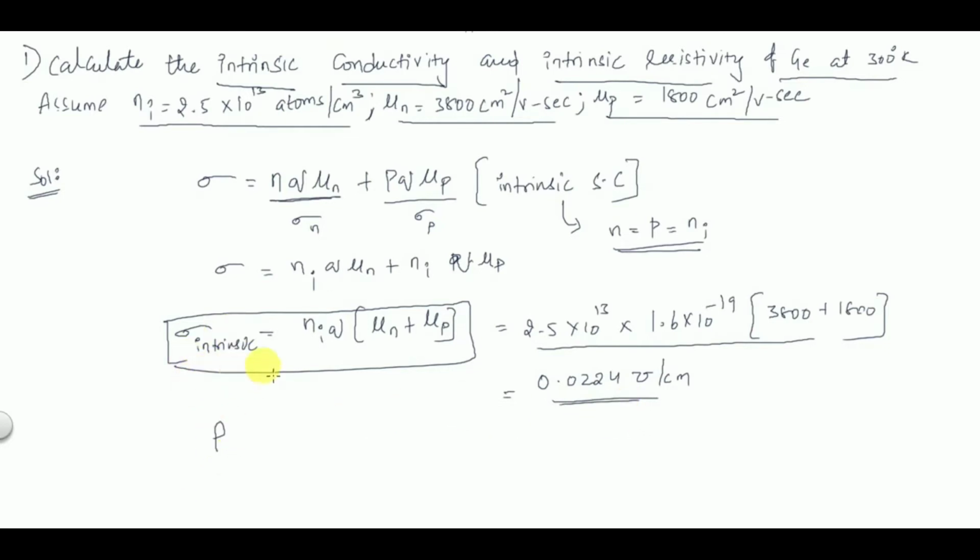This is the intrinsic conductivity, and he has asked you to find the intrinsic resistivity as well. Intrinsic resistivity is the inverse of intrinsic conductivity, that's all. So 1 by 0.0224 mho per centimeter, which is around 44.6, and the unit mho per centimeter whole inverse becomes ohm centimeter.